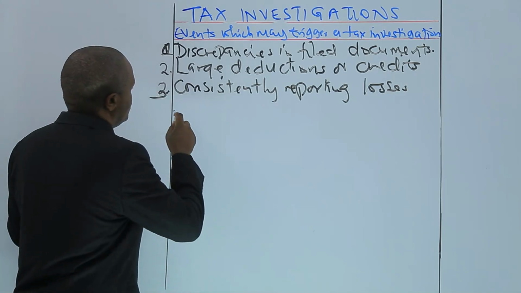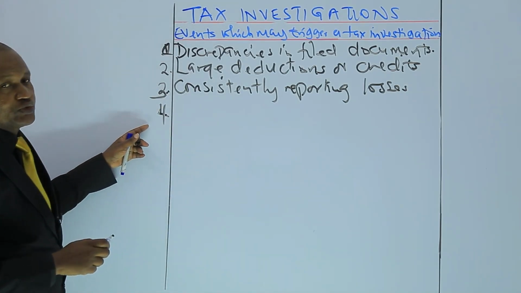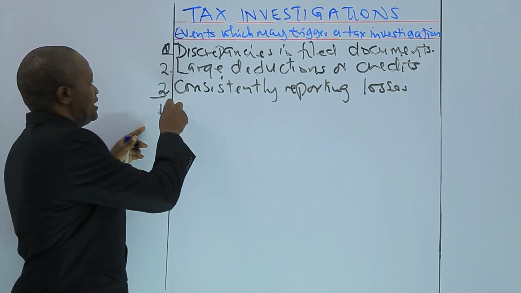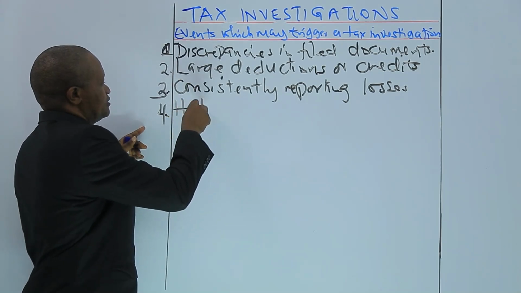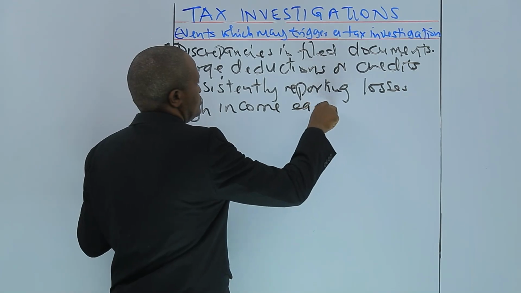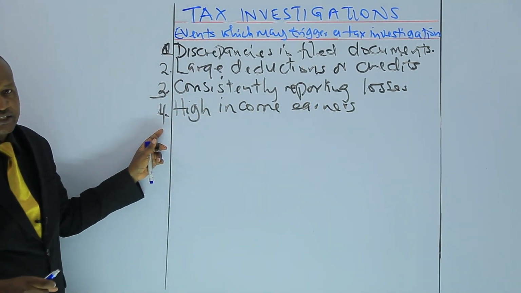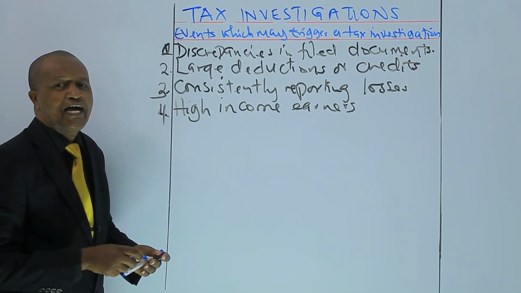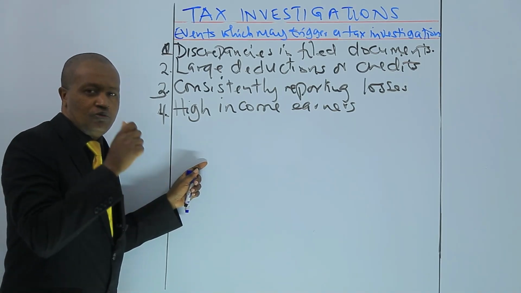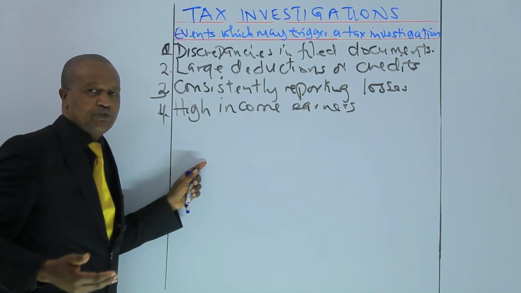Number 4, the fourth point is in relation to what we call high income earners. Individuals with higher incomes may be targeted more frequently because of the potential for tax evasion.